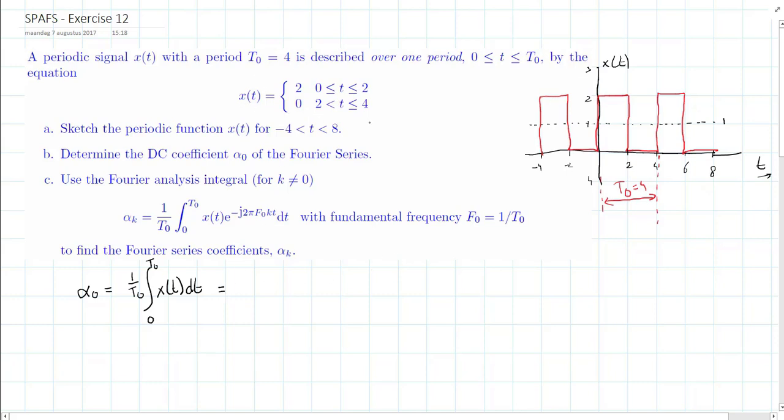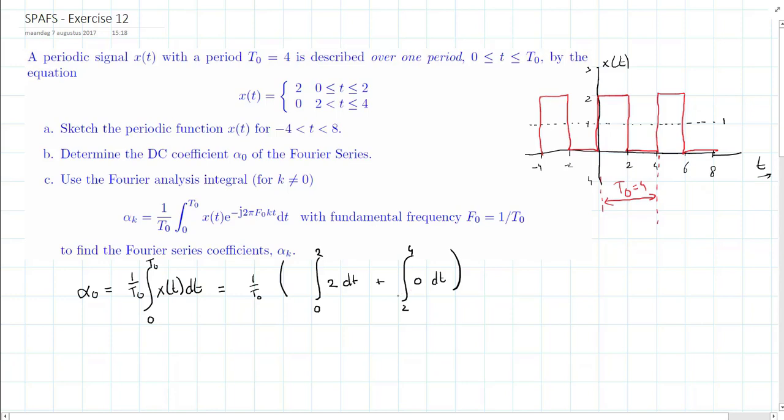Since we have a discontinuous signal, we have to split this integral. So we have 1 over T0, times the integral from 0 to 2, and in that part, the value of the signal is 2 dt, plus the integral from 2 to 4, where the value of the signal is equal to 0 dt.